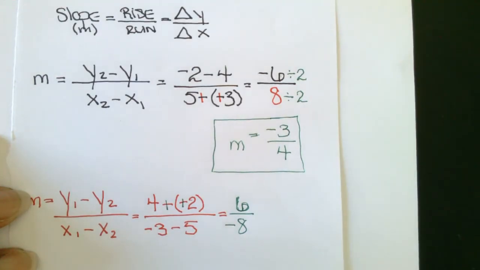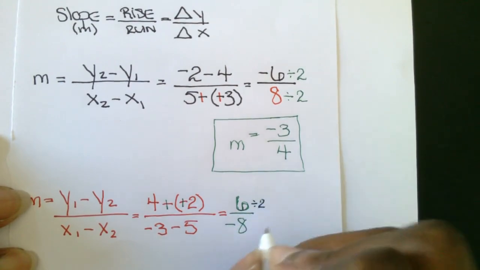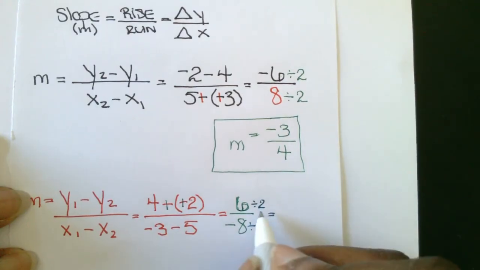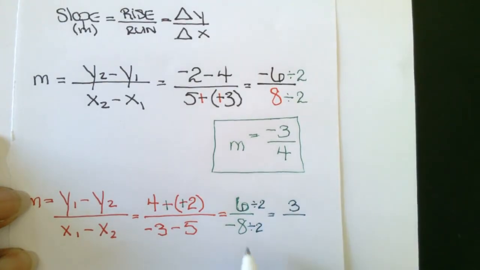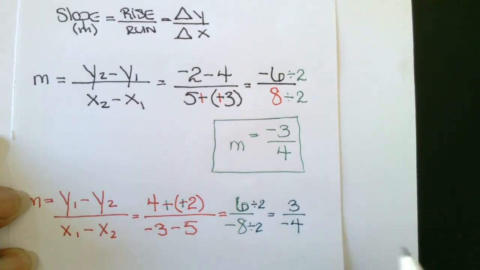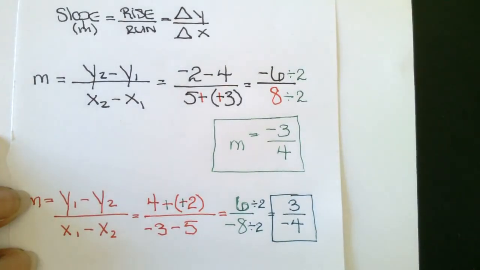Again, if we can reduce it, which we are going to reduce by 2. 6 divided by 2 gives me 3, and -8 divided by 2 gives me a -4. Okay?